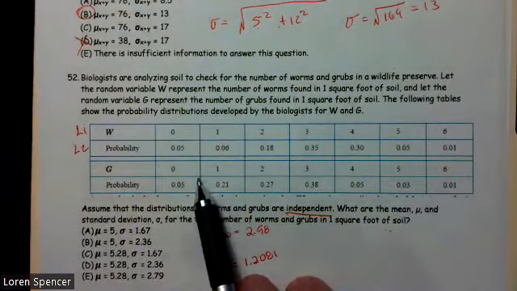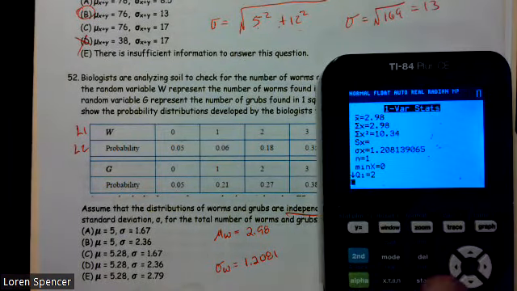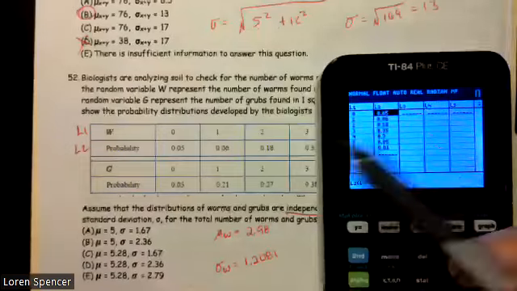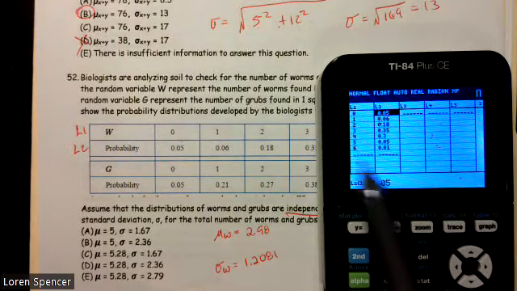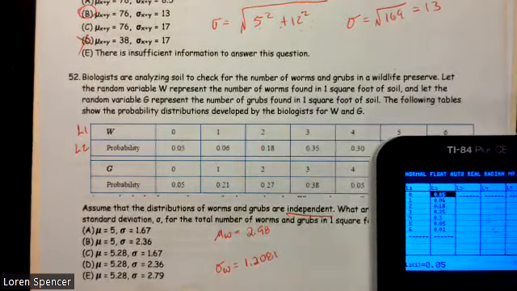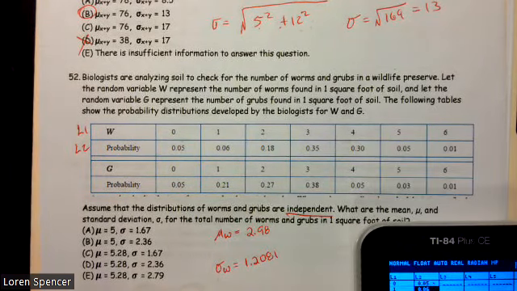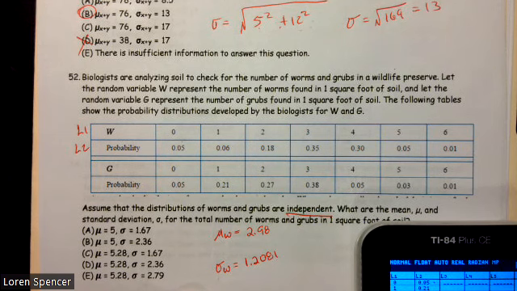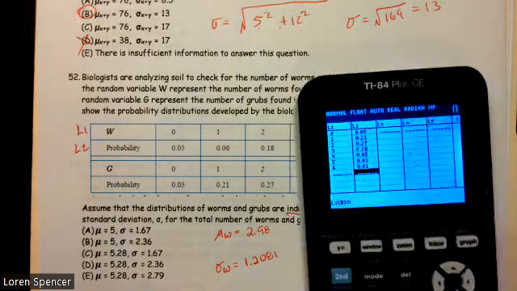Then I'm going to do the same thing for G. I don't have G in my calculator yet, but I will soon. I already have the G values, but I don't have the frequencies, so I need to change those: 0.21, 0.27, 0.38, 0.05, 0.03, 0.01. All right, I have those in there.